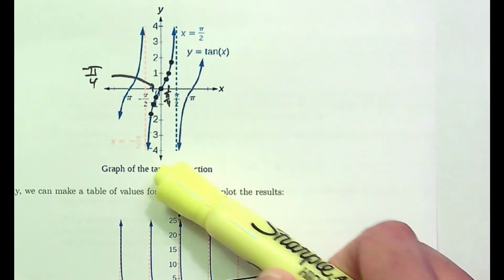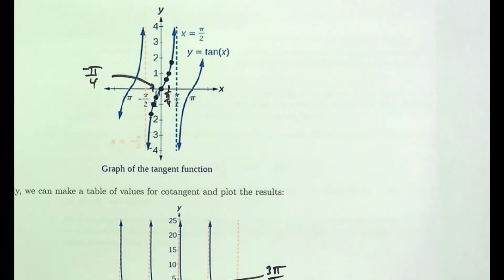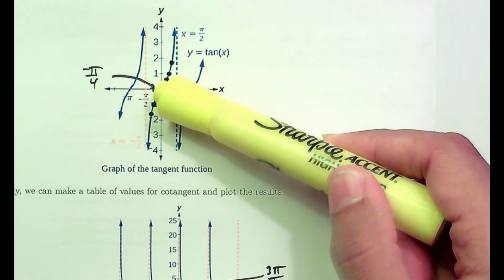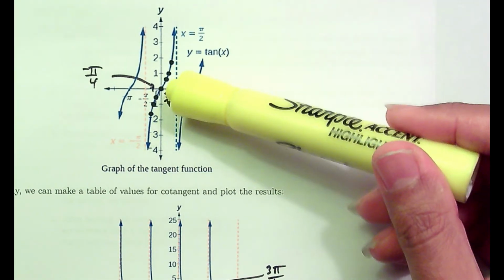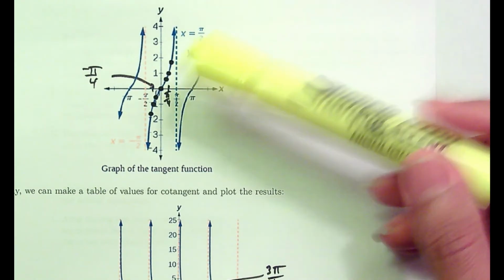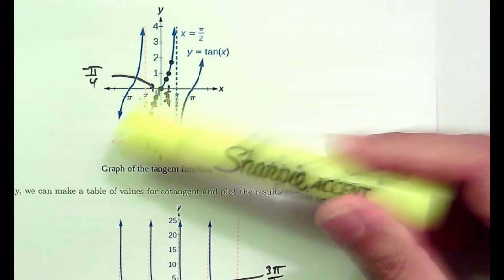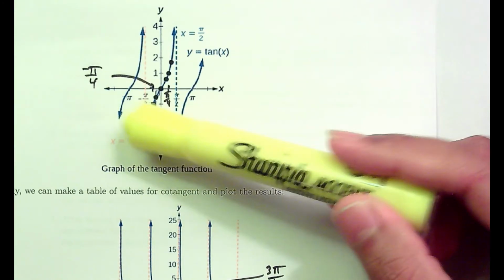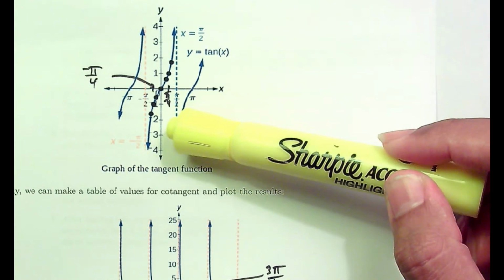You should remember 3 points: the y value at 0, which is 0; the y value at pi over 4, which is 1; and the y value at negative pi over 4, which is negative 1. That's it. And where are the asymptotes? One asymptote is at x equals negative pi over 2, and the other asymptote is at x equals pi over 2.